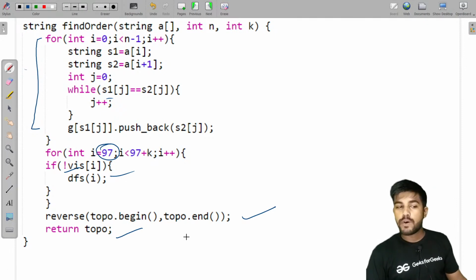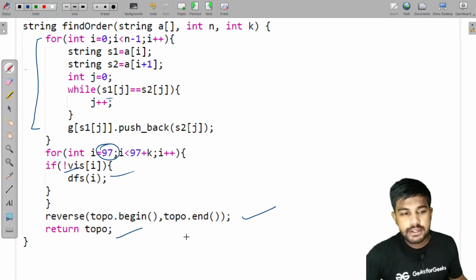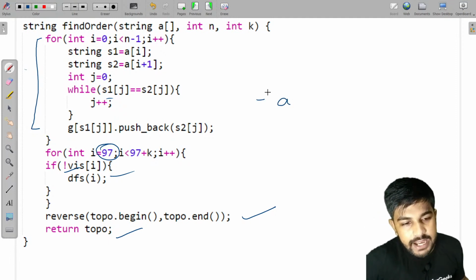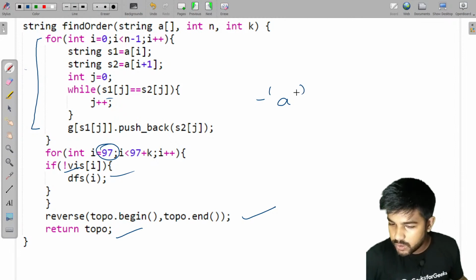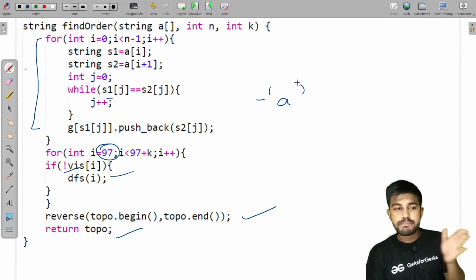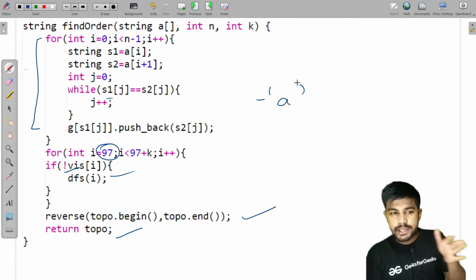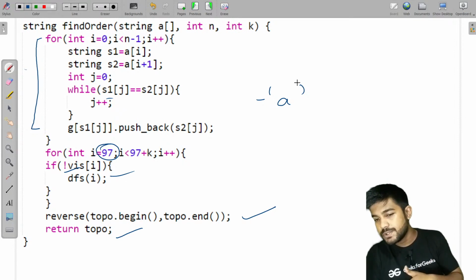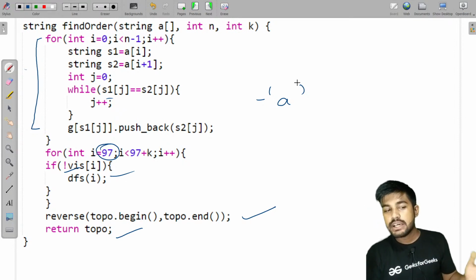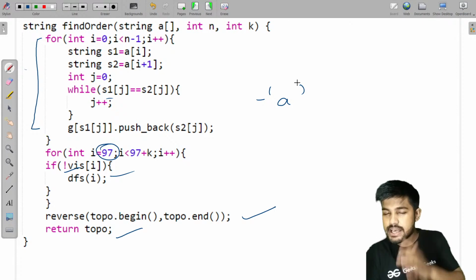Okay, so how to combat that? You can make an array of size less than 30, and you can simply use the ASCII values but subtract the value of a. I tried to keep this beginner friendly, so I didn't do that. But if you are at the intermediate level and going to give interviews in recent times, then you can consider keeping this as a point.